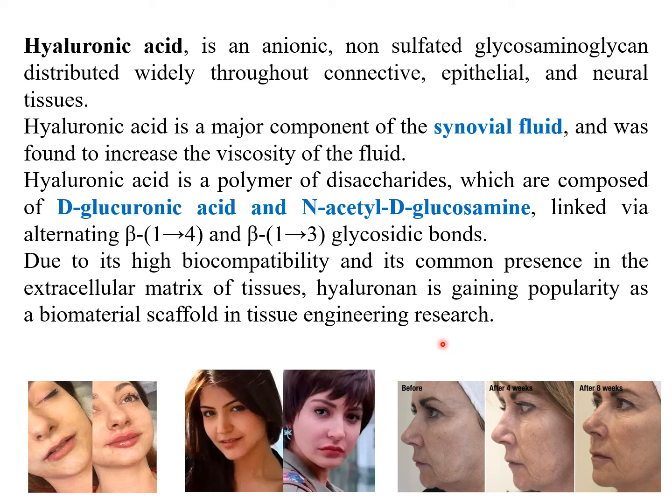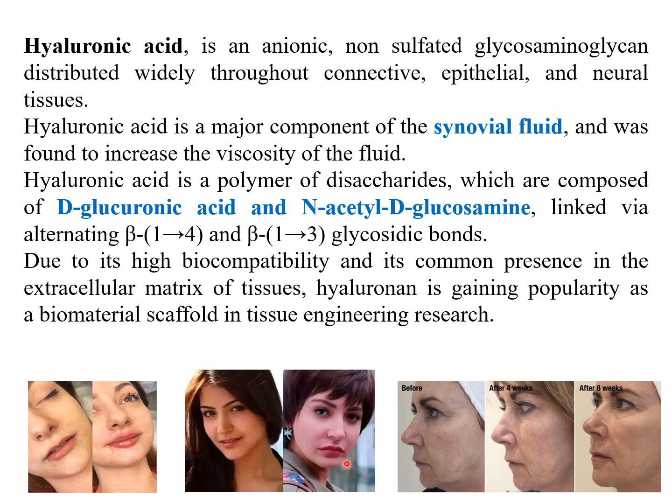Moreover, it has the ability to absorb water molecules and to bulge. It will absorb the moisture, so when you inject it at different areas, it will swell and create a tightening effect.